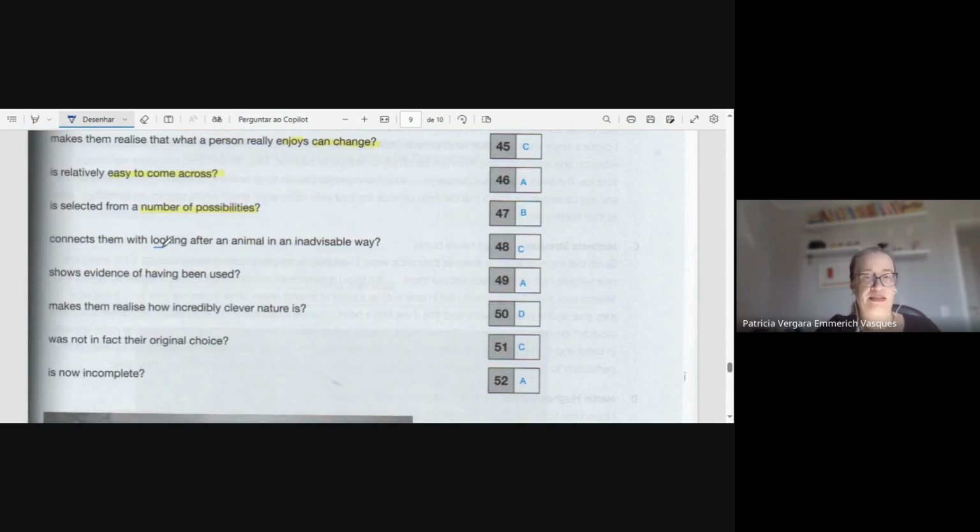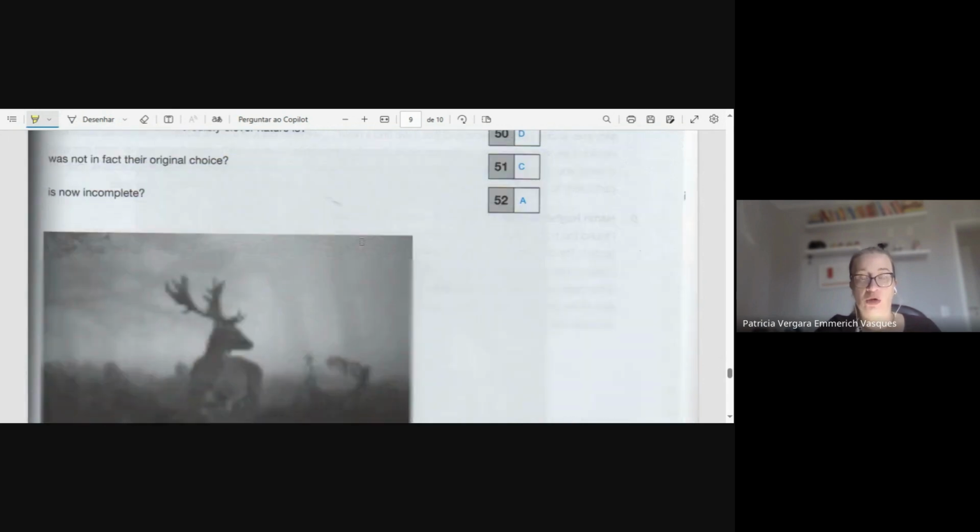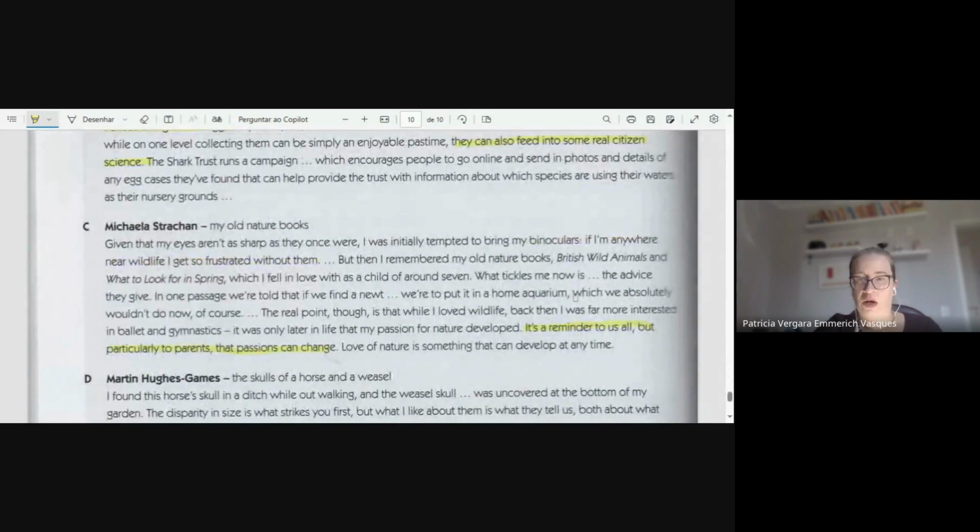So number 48 is letter C. What we need to pay attention to here is looking after an animal in an indirect way. And when we go to letter C here, 48, they say here, what tickles me now, you see, is the advice they give.